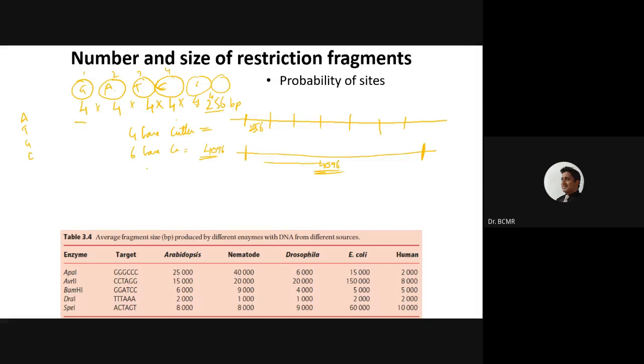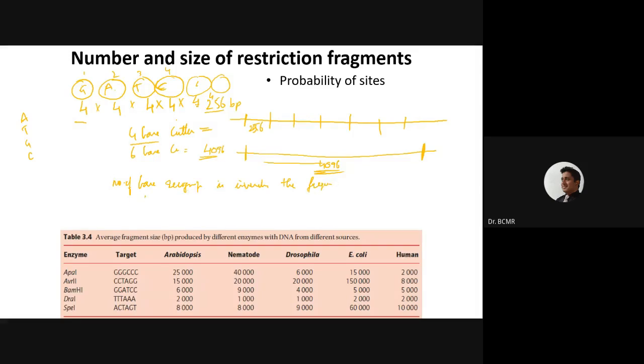So one can see that the number of bases recognized by the cutter is inversely proportional to the frequency. Right?